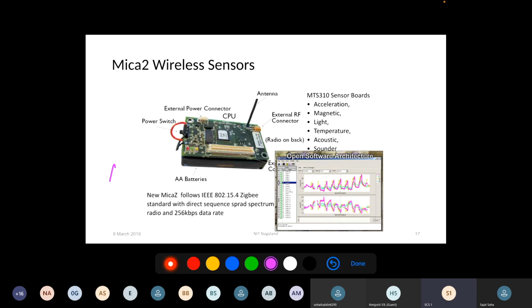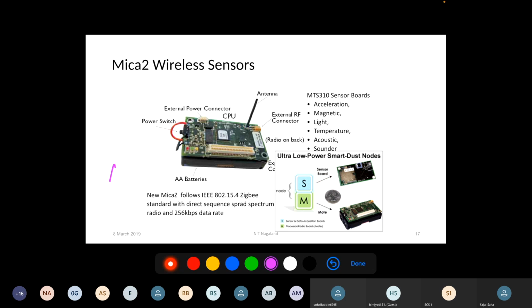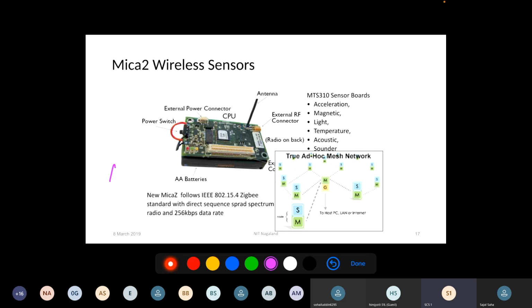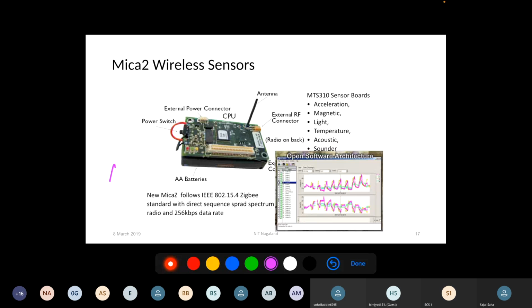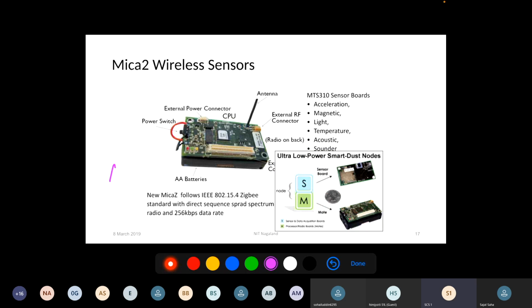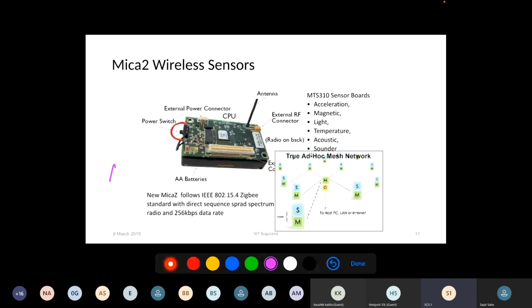Yes, Kaushik, I can hear you. What are the basic components of a sensor? Hello, I can hear you.